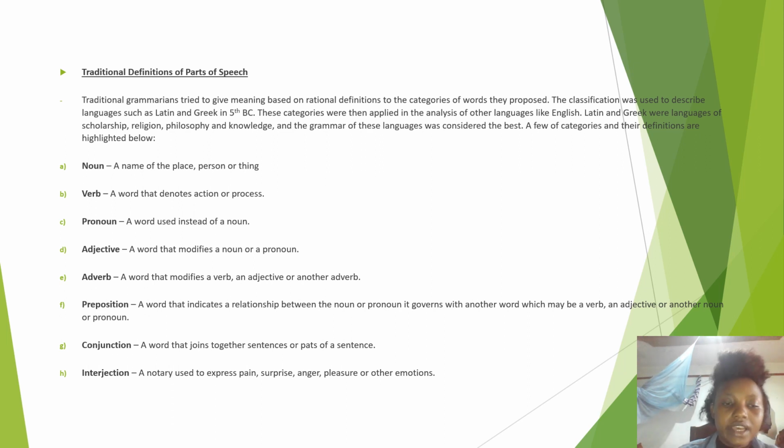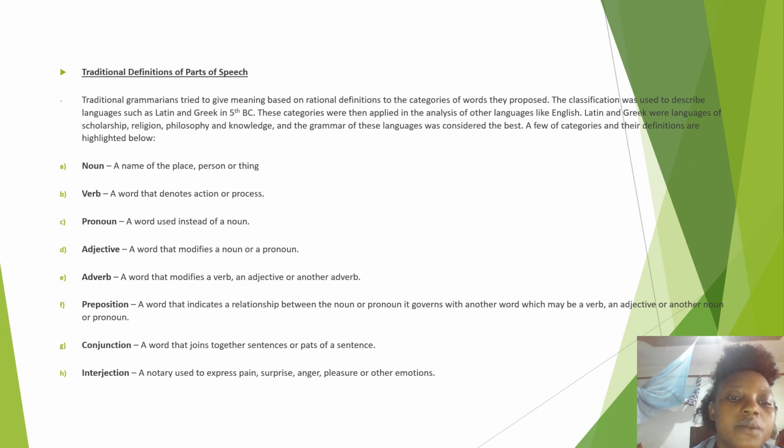The noun was identified as a name of a place, person, or thing. The next part of speech is the verb, which was identified as a word that denotes actions or process.